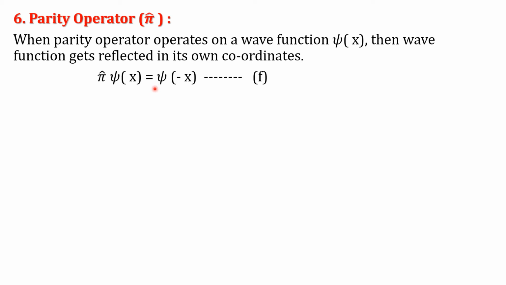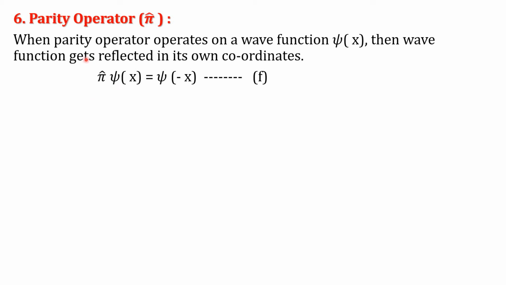Now here the multiplied term is 1, that is an eigenvalue of the parity operator. That value may be plus 1 or minus 1, and it depends upon whether that function is a symmetric or antisymmetric wave function. Hence, firstly we find what is the eigenvalue of the parity operator.